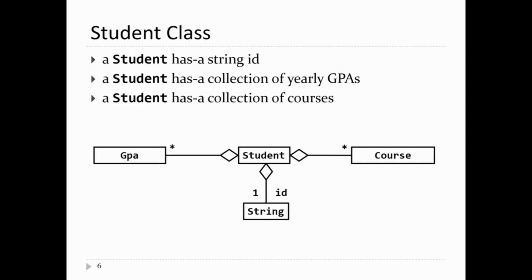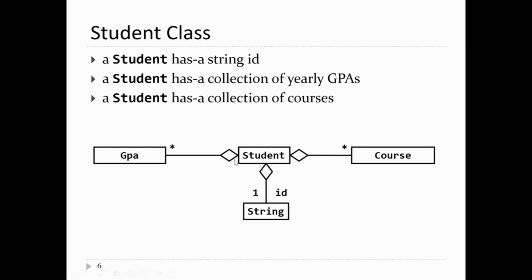Okay, so when you are drawing the UML diagram for a class that has a collection or collections of some kind, most of the time you don't actually show the collection itself. So here we've got student. Student has a string as an ID, probably a student number of some kind. Student has a collection of GPAs. So notice what the UML diagram shows.